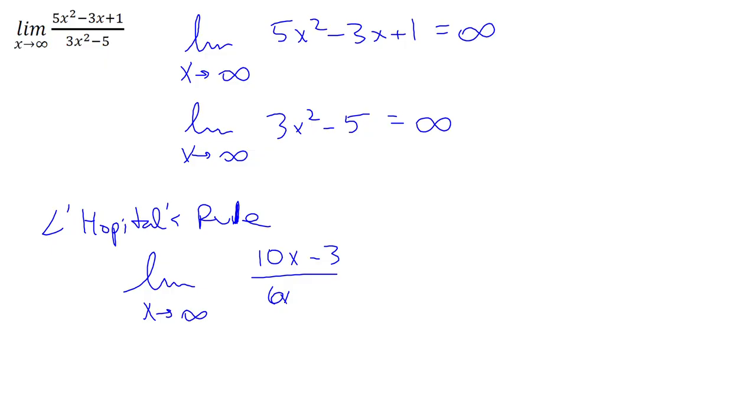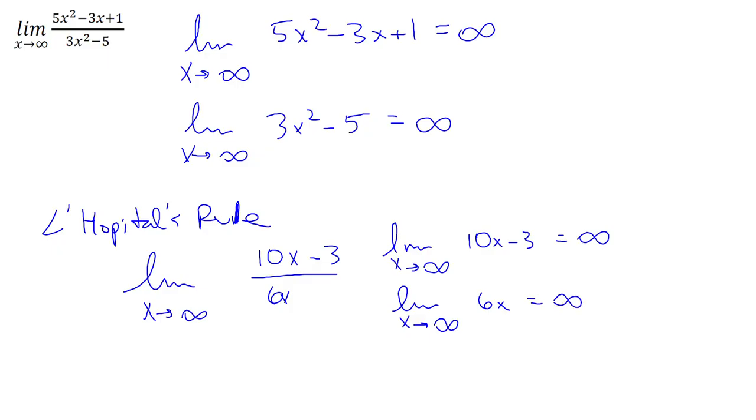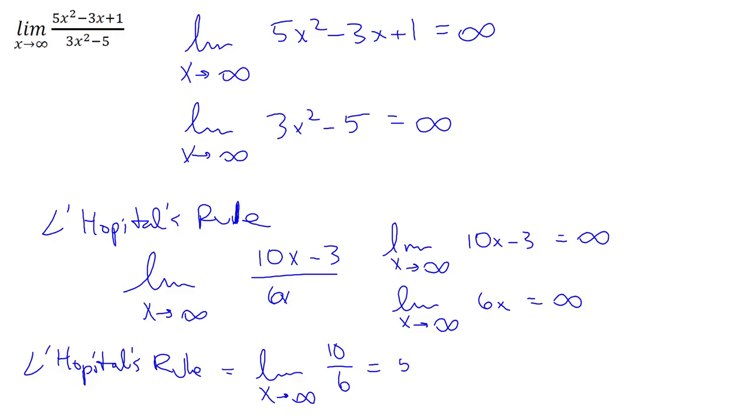Well, if we look at that, we can see that the limit as x approaches infinity of 10x minus 3 is infinity, and the limit as x approaches infinity of 6x is also infinity. So I could use a second application of L'Hopital's rule to turn this into a limit as x approaches infinity of 10 over 6, which is just 5/3.